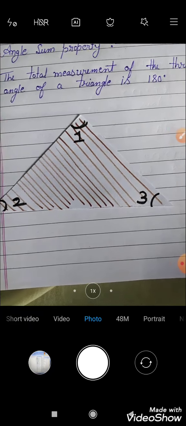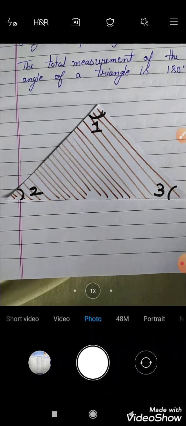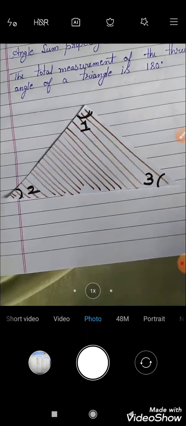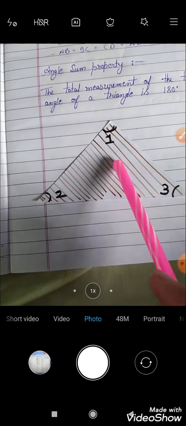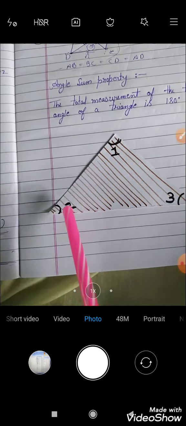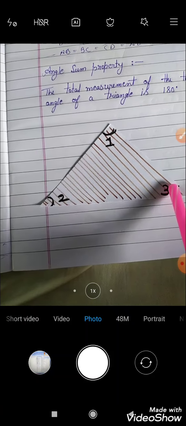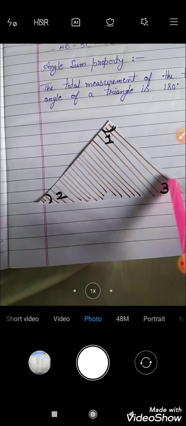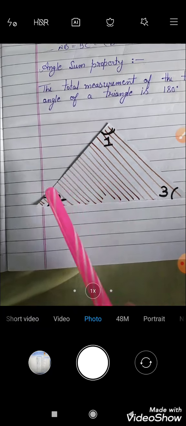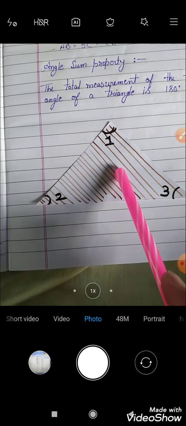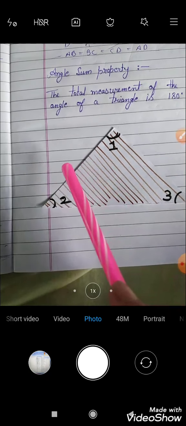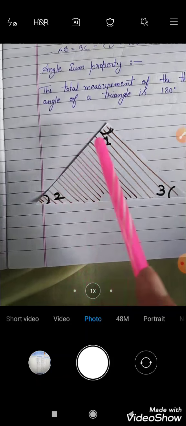In this triangle, 1, 2 and 3 are the interior angles, and we have to verify that the sum of angle 1, angle 2 and angle 3 is equal to 180 degree.